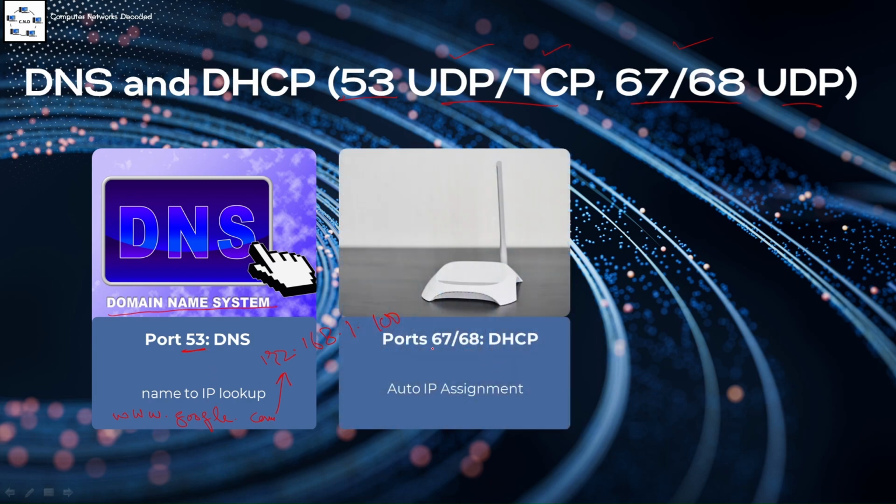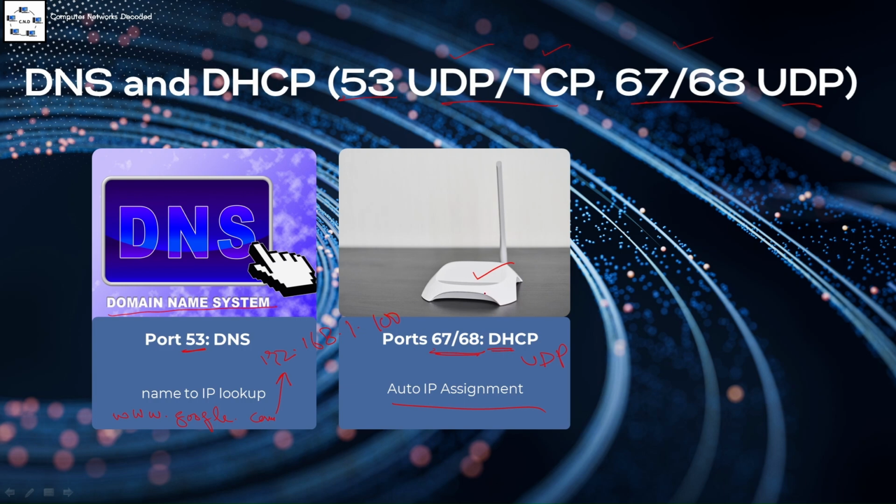And DHCP uses ports 67 and 68, and as I said, it uses UDP. DHCP is used to automatically assign IP addresses to clients, such as your Wi-Fi access point. It also has a DHCP server or DHCP configuration done.